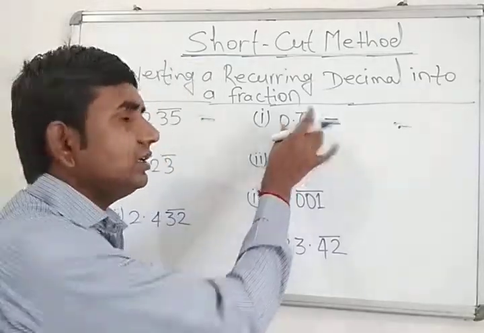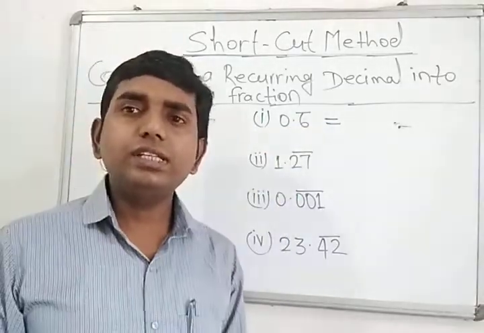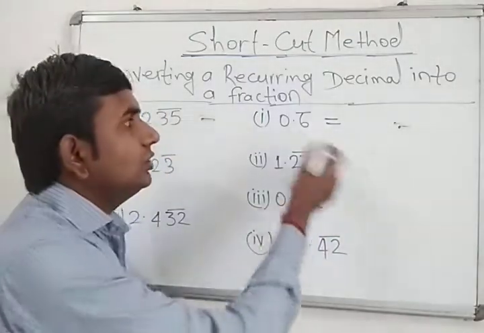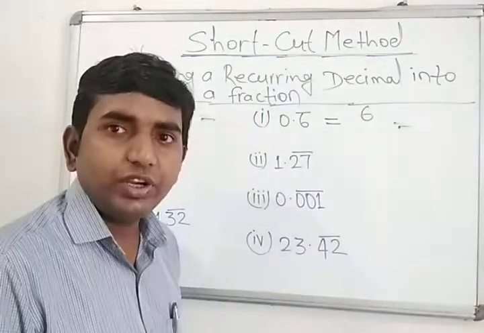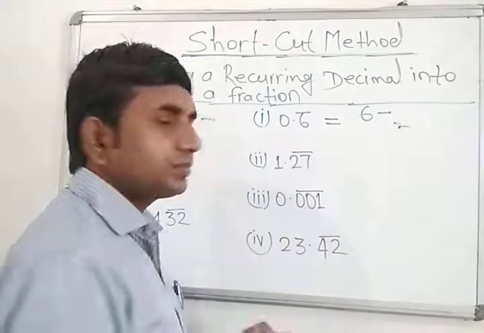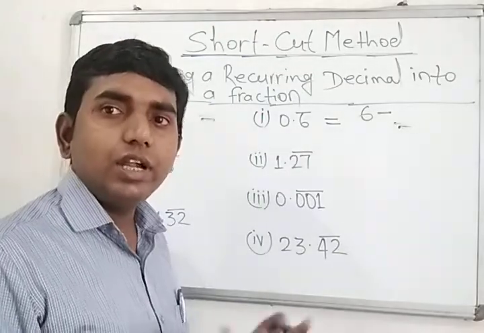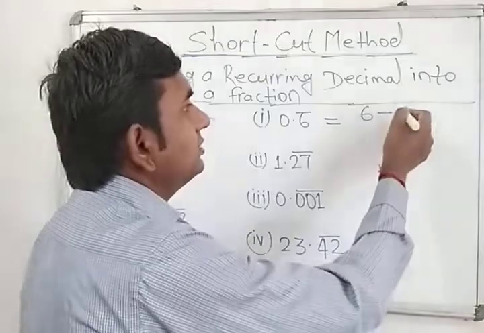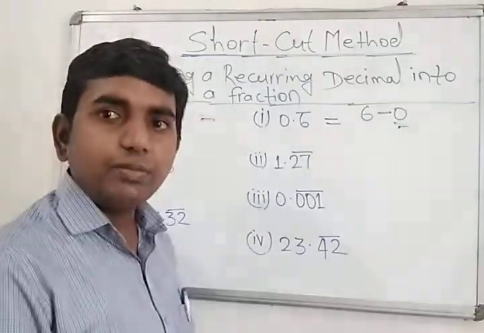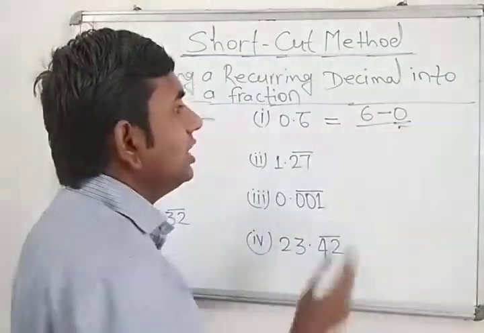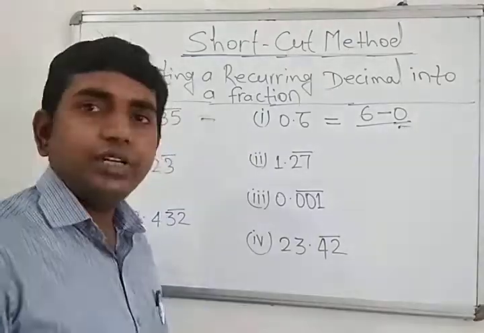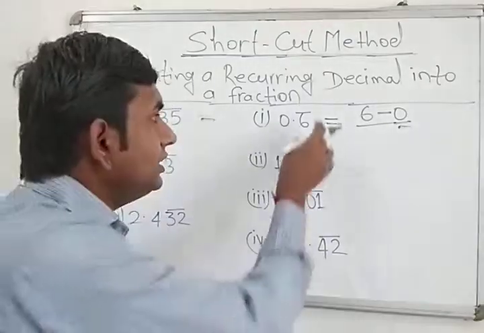Here we have only one digit after the decimal and it is recurring, so we write 6, minus the non-recurring digits. There is no non-recurring digit, so we write minus 0. Now the number of 9s equals the number of recurring digits.